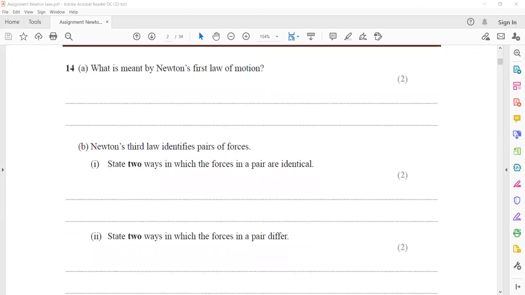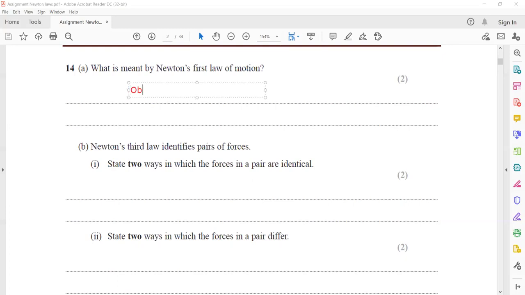First, you have to mention that the object will be at rest or it will move with a constant speed. And the second mark is when the resultant force is zero, or no unbalanced force is acting on the object.